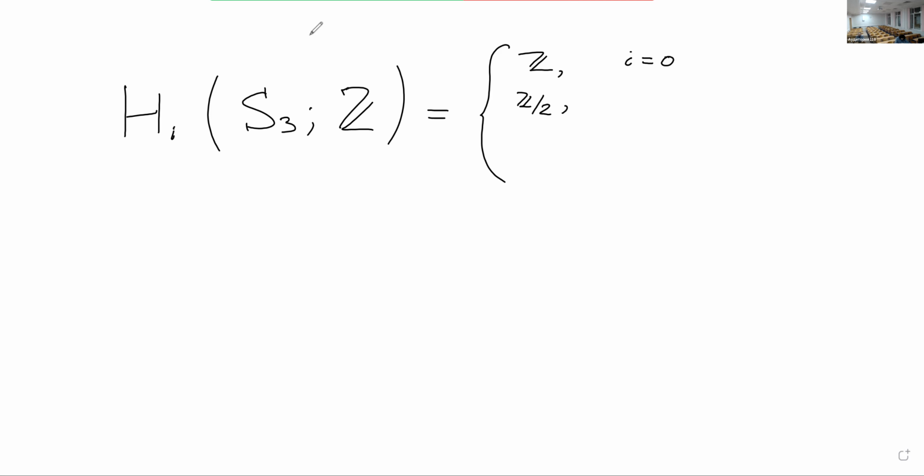Same as for moduli spaces, the homology of each individual moduli space Mg is very complicated, but the stable part is simple. Well, the same happens for symmetric groups as well.